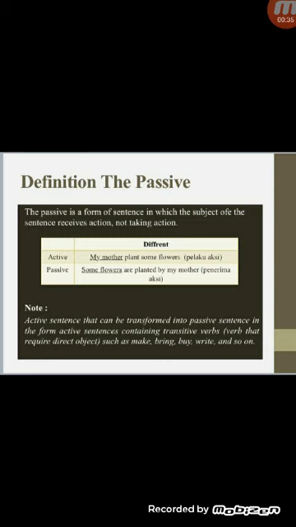Next, you can see the difference between active sentence and the passive. Note: active sentences that can be transformed into passive sentences contain transitive verbs such as make, bring, buy, write, and so on.